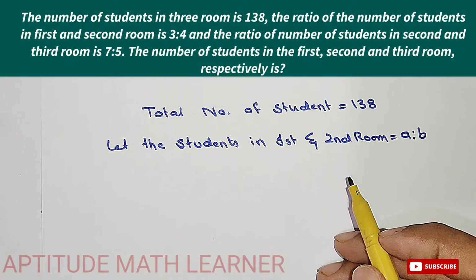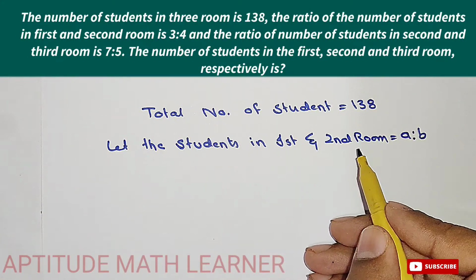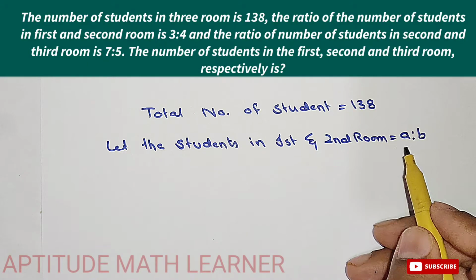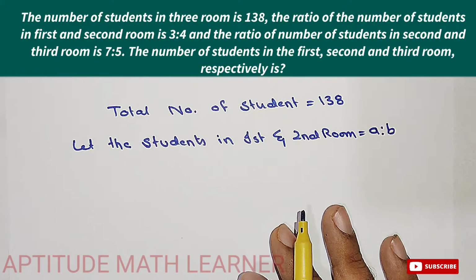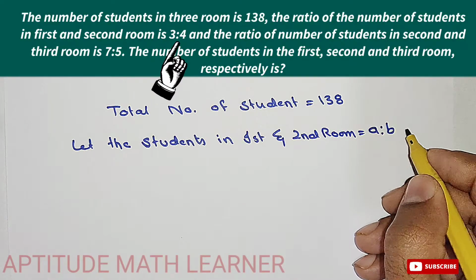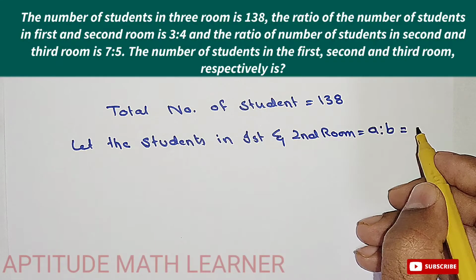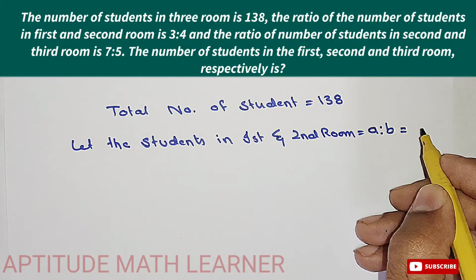So we have taken the student ratio for the first and the second room, A:B, as 3:4.